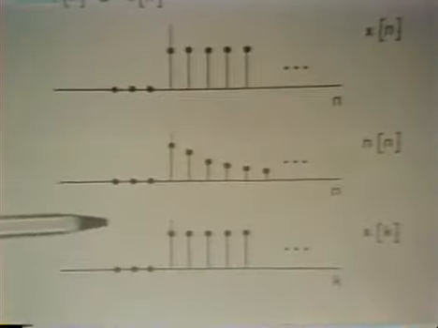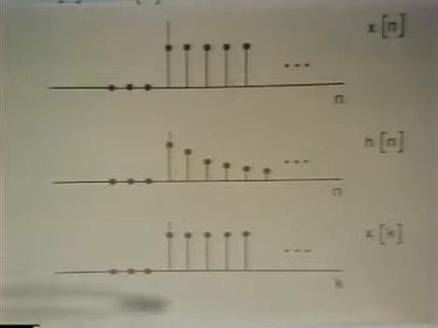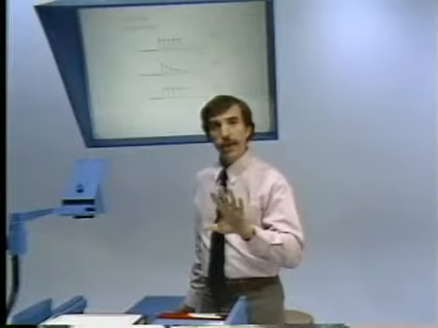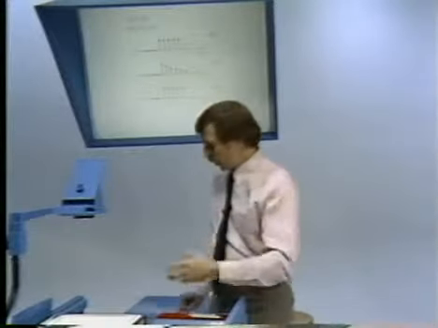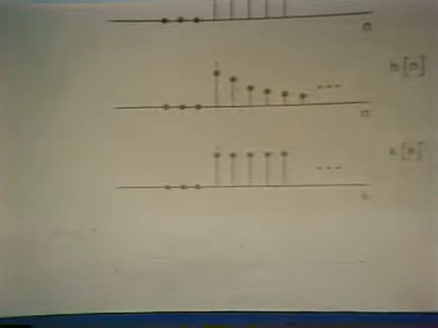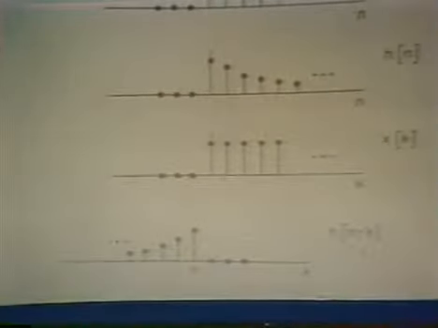That's simply changing the index of summation. And what's h of n minus k? Well, what's h of minus k? h of minus k is h of k flipped over. So if this is what h of k looks like, then this is what h of n minus k looks like.